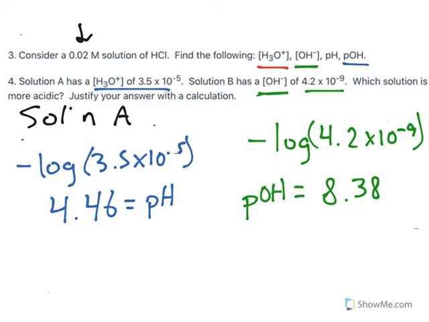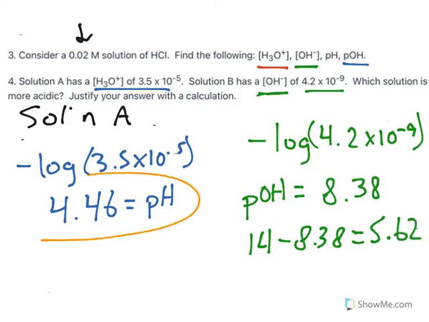So, again, you're still comparing apples to oranges. We've got to get these to something that's common. But like we just said, 14 minus 8.38 will get us our pH. And in this case, that is, math is too hard for me, so I'll just plug it into a calculator, 5.62. Now we can tell this has a pH of 4.46. That is more acidic than solution B.